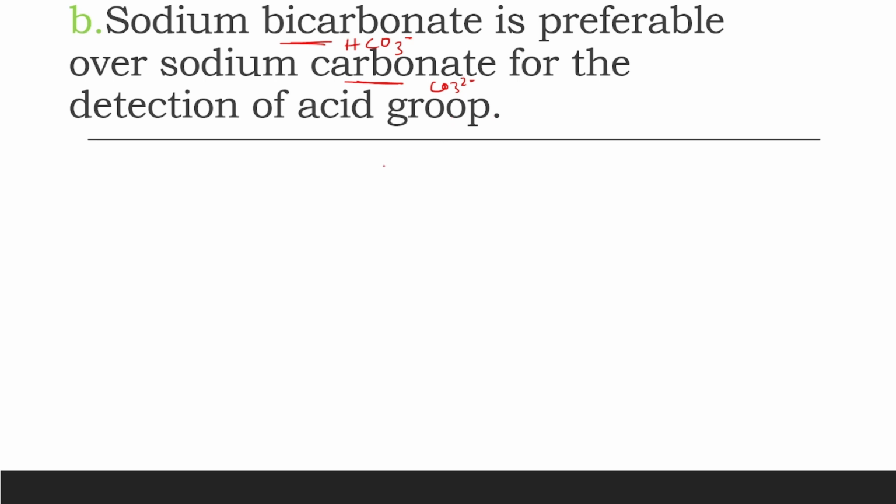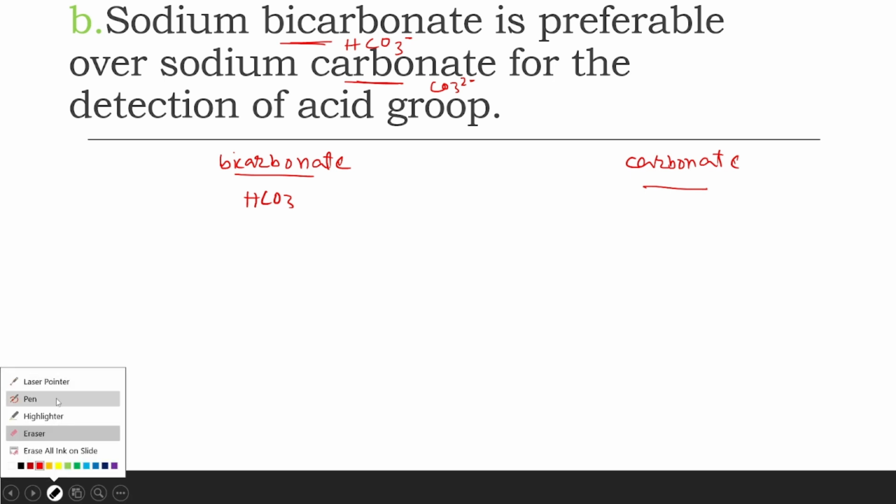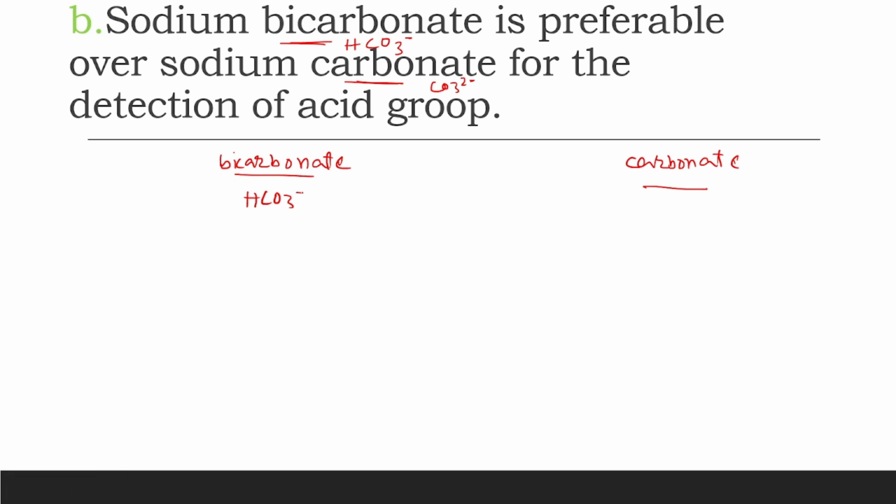Okay, let's talk about bicarbonate HCO3 minus and carbonate CO3 2 minus.